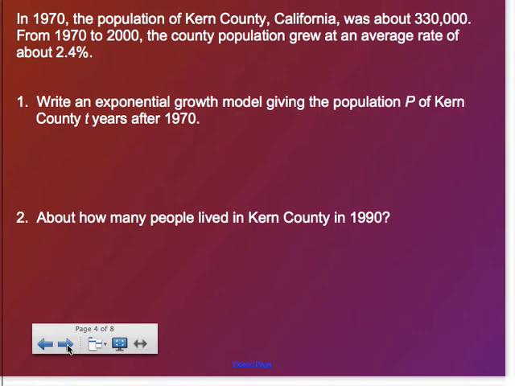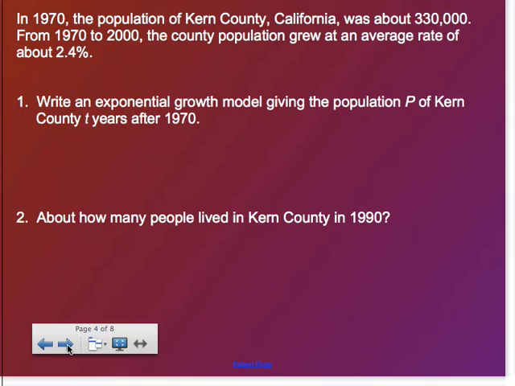It says in 1970, the population of Kern County, California was about 330,000. From 1970 to 2000, the county population grew at an average rate of about 2.4%. What I want you to do in number 1 is write an exponential growth model given the population P of Kern County t years after 1970. Initially, I want to take a look at it and say, I know that I have t years from 1970.